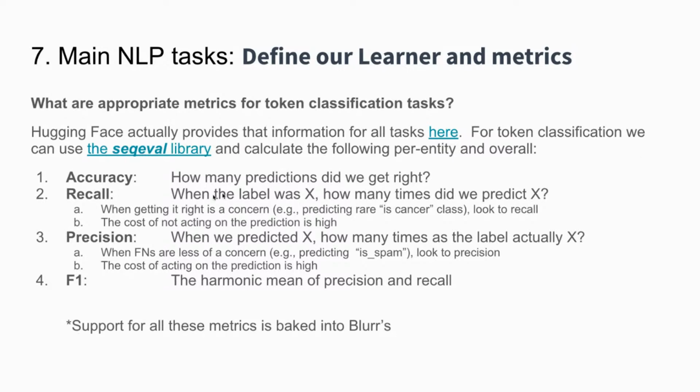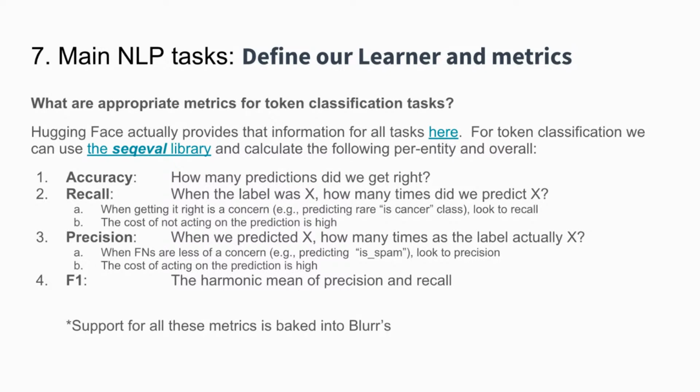And so accuracy is a really common metric that we typically include, which is how many predictions did we get right. But depending on whether we have an imbalanced data set, that may not be the best metric. We may want to dip down and use something like recall, which is measuring that when the label was X, how many times did we predict X?